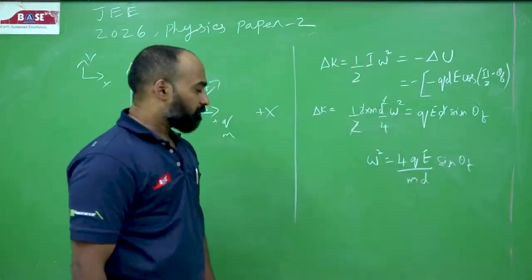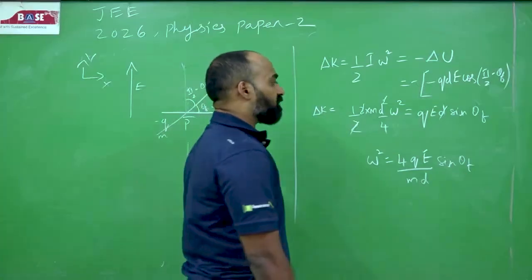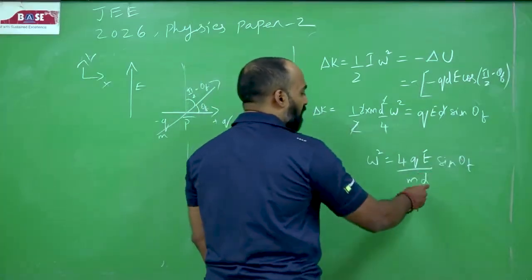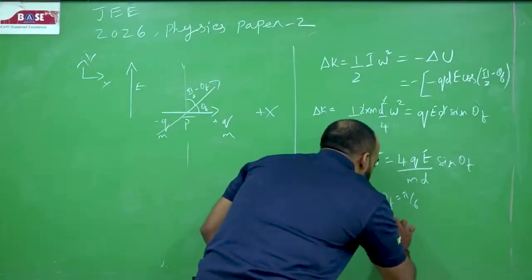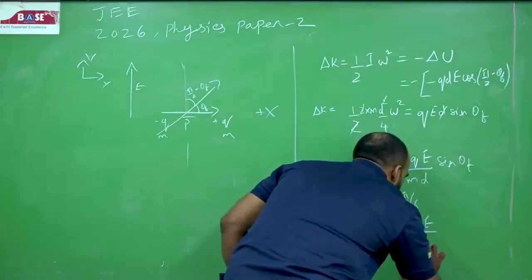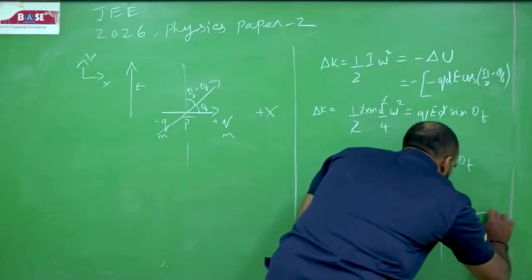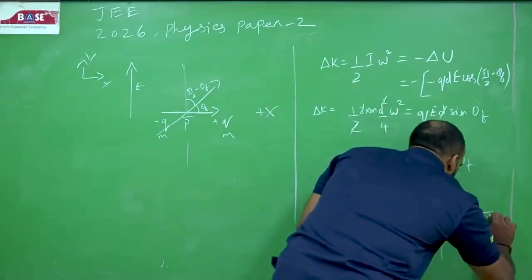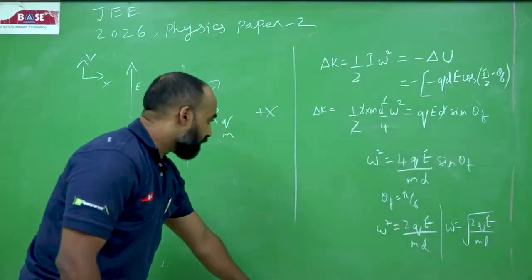So in option B, it says theta f is pi by 6, sine 30. Sine 30 is half. So theta f is pi by 6. You get omega square is 2 QE by m d, or omega is under root 2 QE by m d.